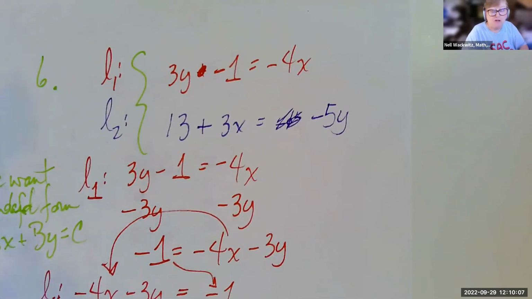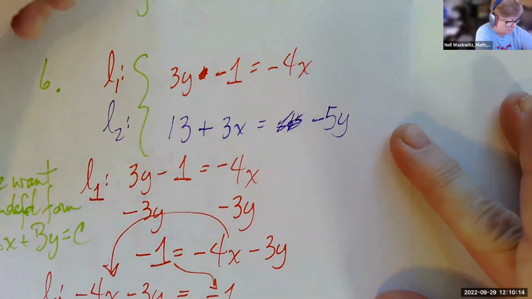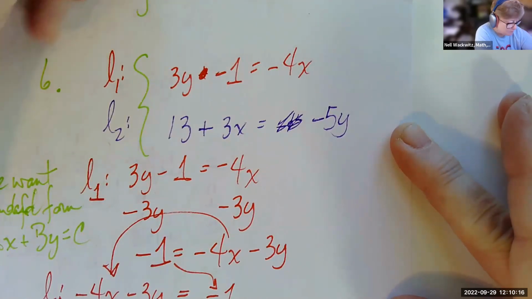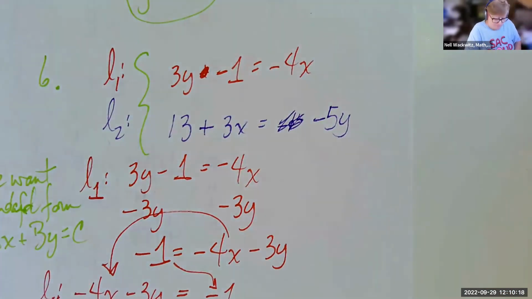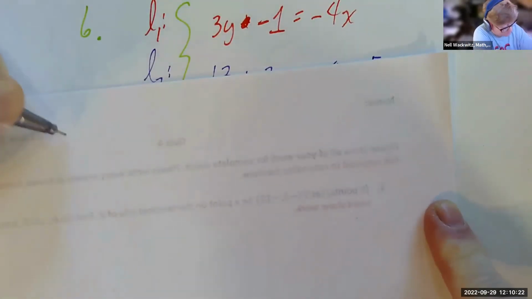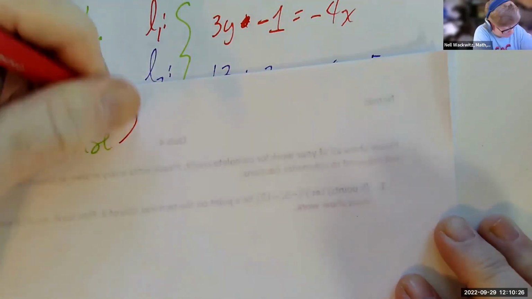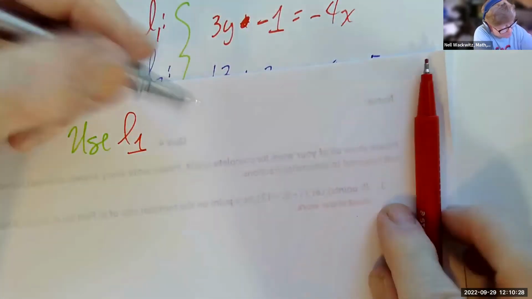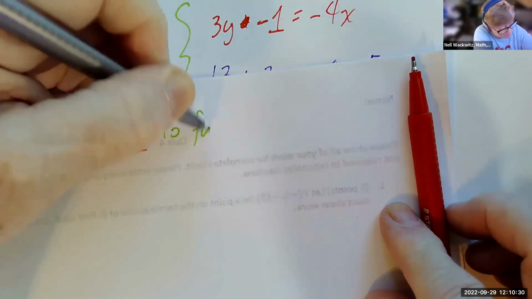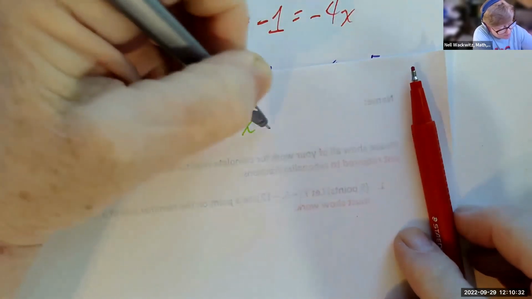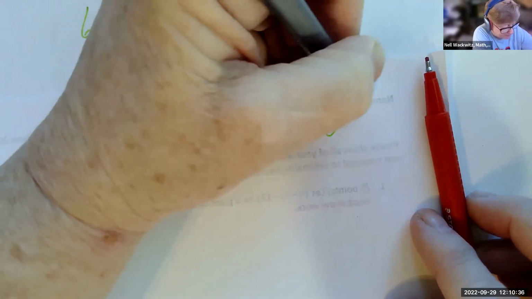Which line do you want to choose to find x given the y we just found? The first one. All righty. So we're going to use line 1 to find x given that y equals negative 5.